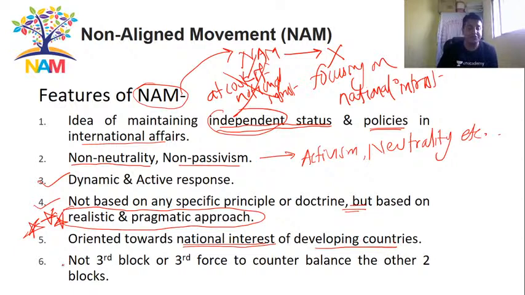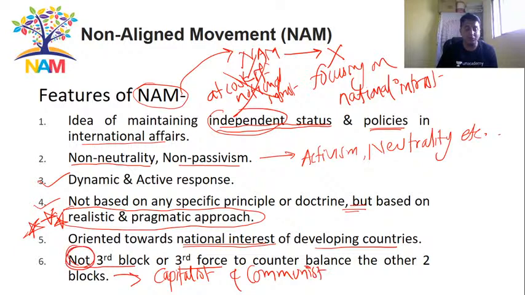Clear? Next important feature. NAM did not act as a third block or third force to counter the two other blocks. Which blocks? Capitalist and communist. Clear?